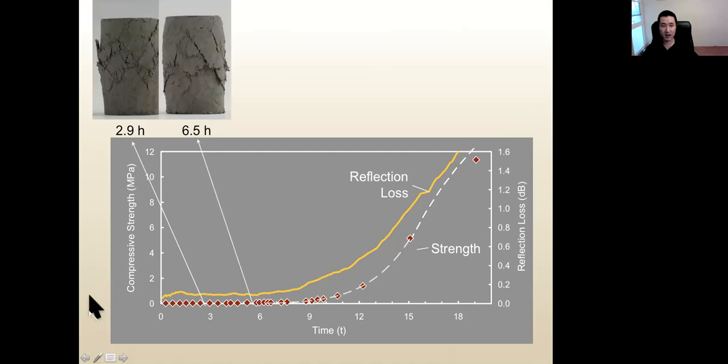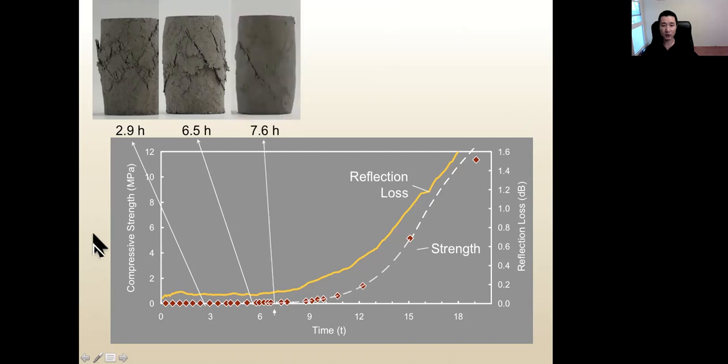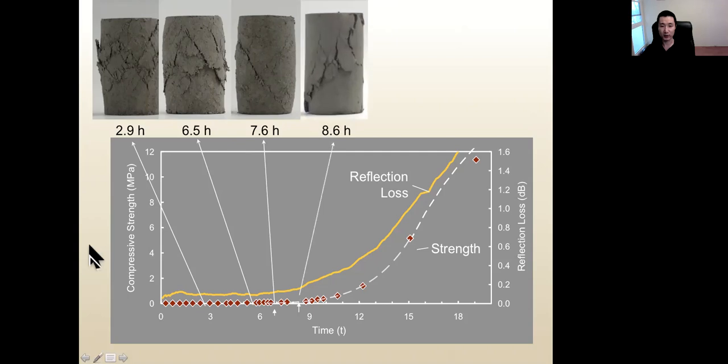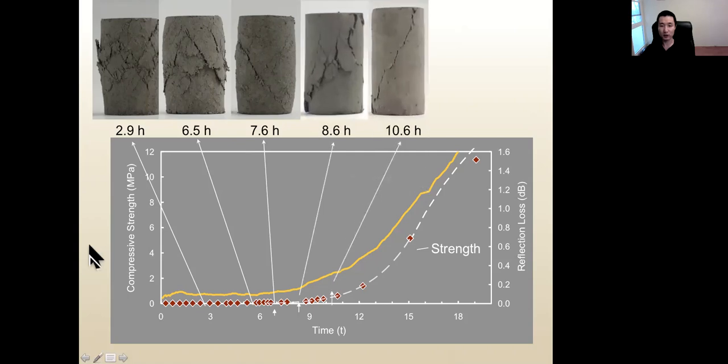The strength can be estimated based on either compressive strength, or we can use some non-destructive testing methods such as ultrasound to estimate the strength of concrete. So here are two curves.